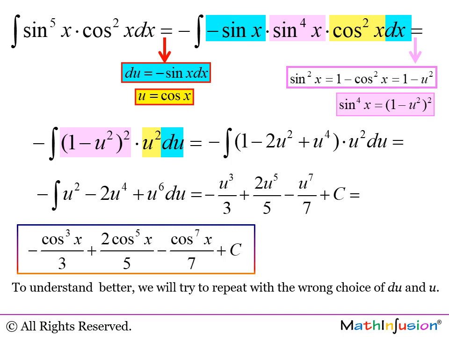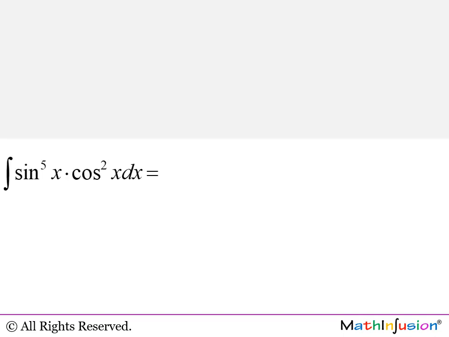If you noticed what I did here, I first chose the du and then the u. Usually in a regular u substitution, I choose the u and then I choose the du. So now I'm doing something which is bad.